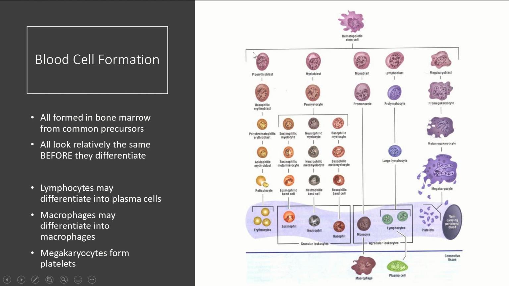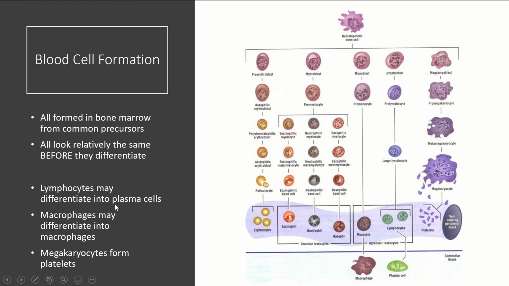Hopefully you can notice some trends here. They all start out with blasts, then we've got something-ocytes, then myelocytes, then metamyelocytes, then bands, and then the fully formed cell. So they all go through sort of the same process to become the end goal cell.